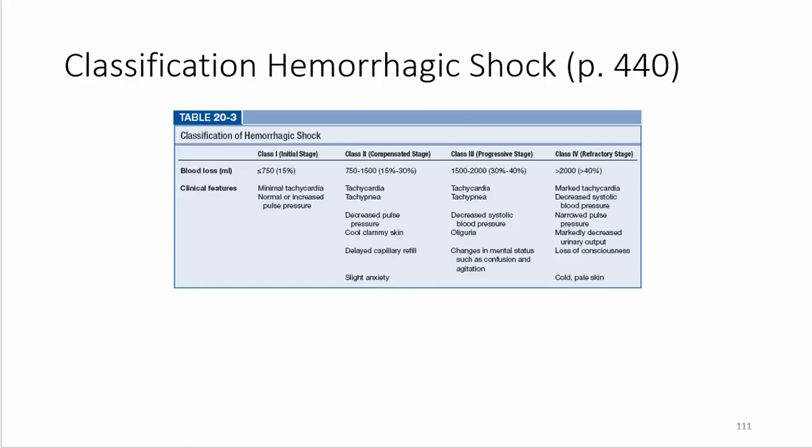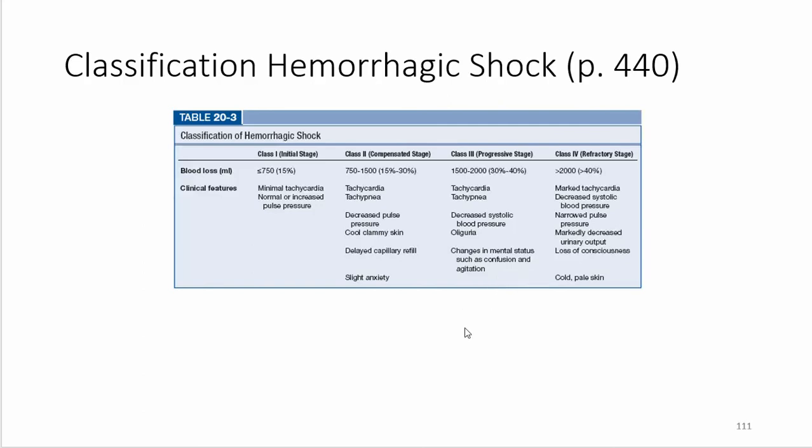As you're still compensating, you end up with rapid breathing and tachycardia. Then the pulse pressure starts to go, and you start to shunt blood away from the skin, and delayed refill. People start to know there's something wrong and have some anxiety. But anxiety increases the tachycardia and tachypnea. So it starts to progress. You stop making urine.